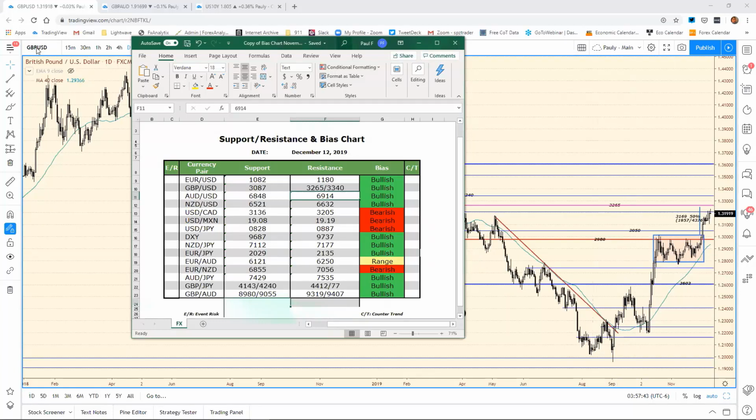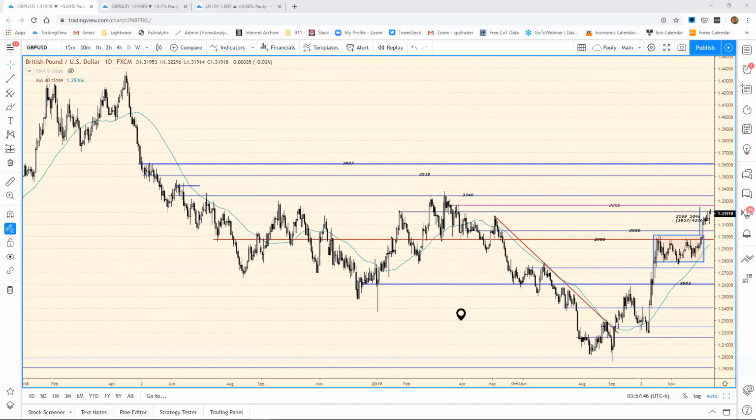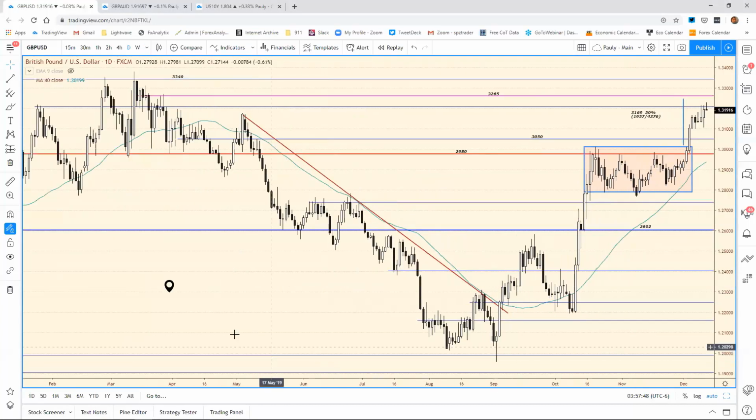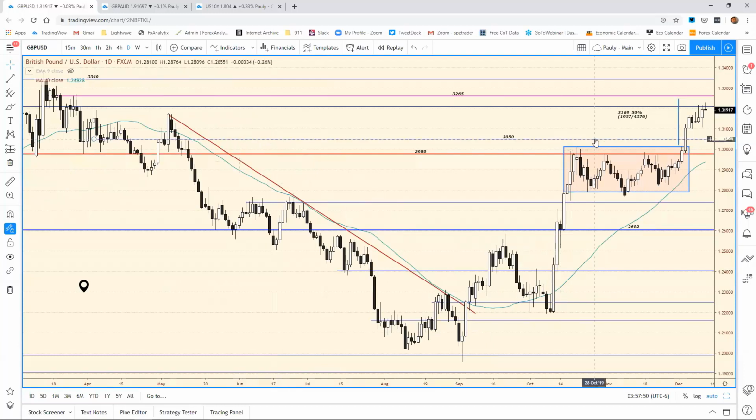Support. We do have the 3087, but what's beyond? Well, it takes us back to the pivot, 2980. 3087.